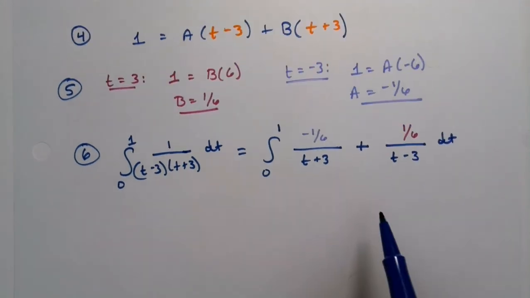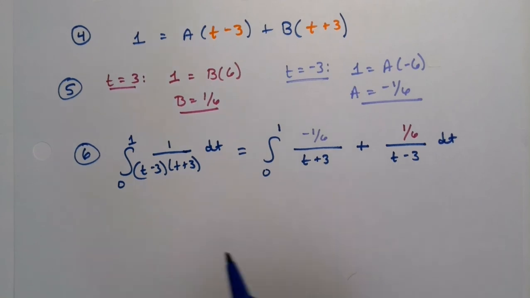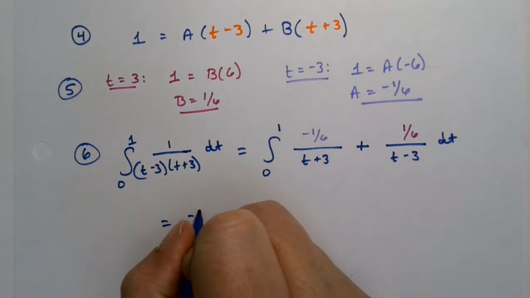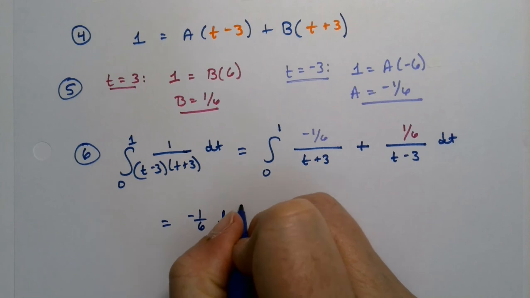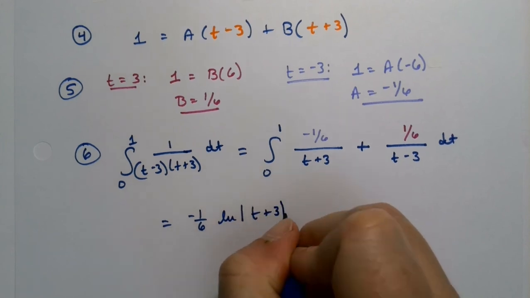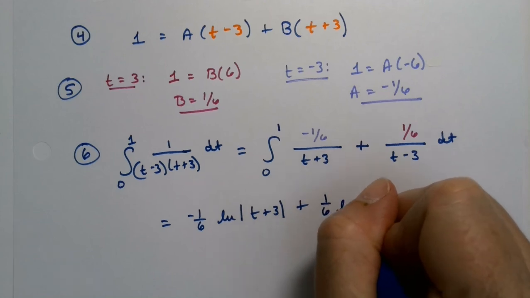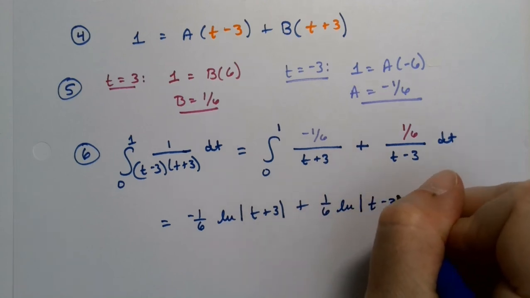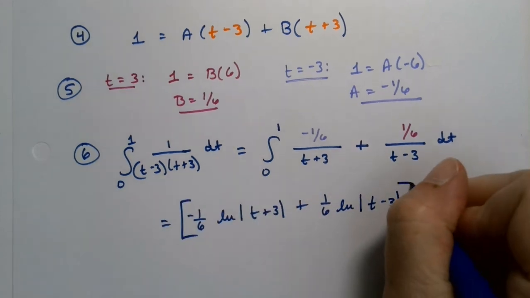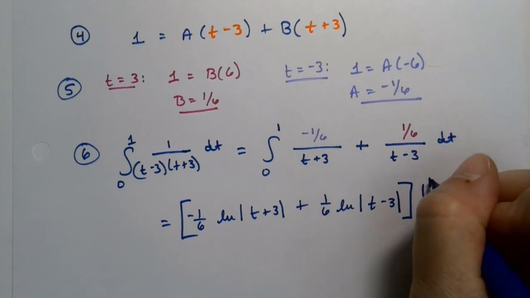Luckily, neither of these needs u substitution or anything like it. So this would be negative 1/6 natural log absolute value of t plus 3 plus 1/6 natural log absolute value of t minus 3. And all of that is from 0 to 1.